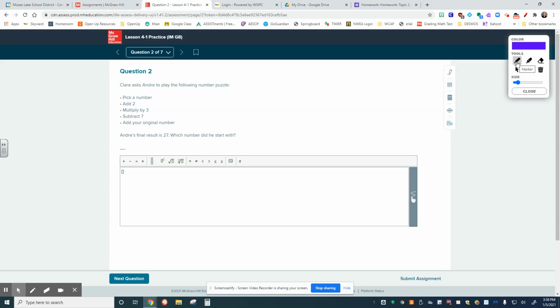Well, we have to start with that in mind, and he picks that number. So add your original number. That number, we don't know, so we're going to call that one X. So his final result is 27. If we think about this as an equation, he ended up with 27 as the final result from picking a number, don't know what it was, but he added 2, multiplied by 3.